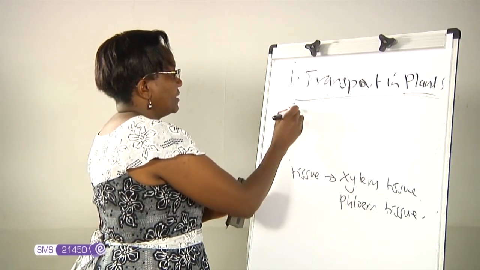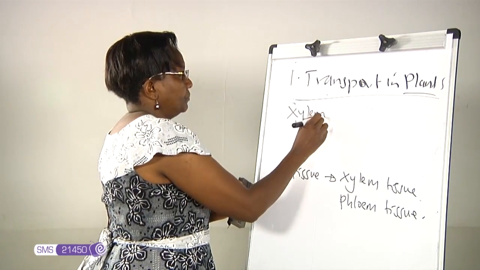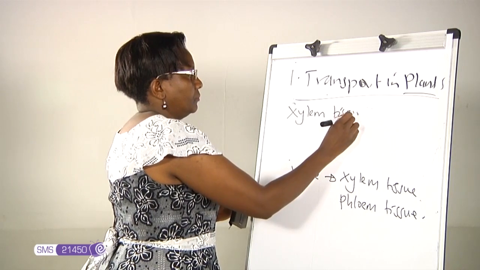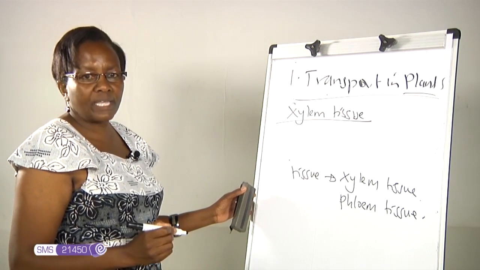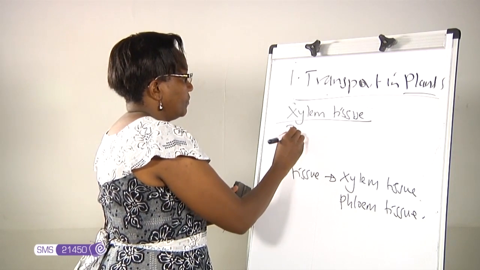So we'll take the xylem tissue. Now the xylem tissue transports water and mineral salts.